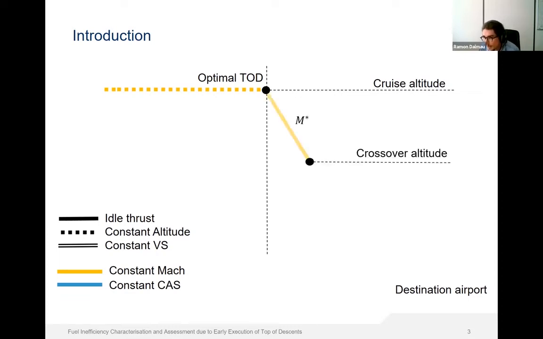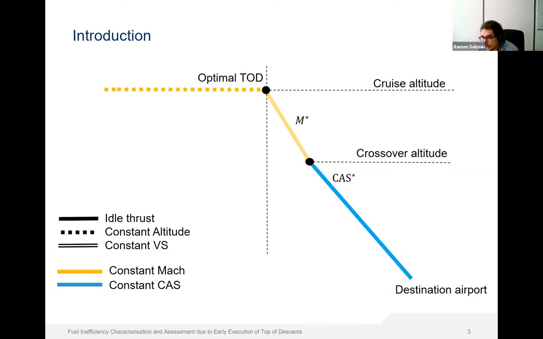The very last two phases of this trajectory plan, going backwards, consist of a phase at constant calibrated airspeed and at idle thrust, followed by a phase at constant Mach number, also at idle thrust, which finishes at the cruise altitude. The intersection between this trajectory plan and the cruise altitude determines the optimal top of descent, where the aircraft should set the engines at idle and start the descent in order to minimize fuel consumption.